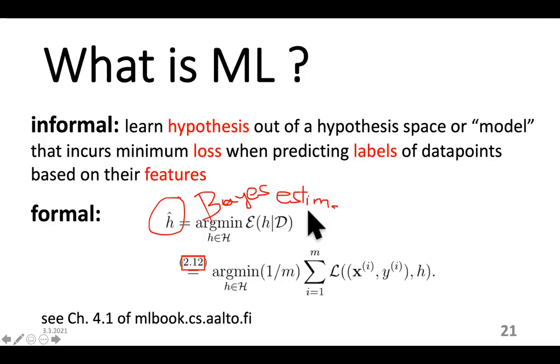Whenever I say training set, I mean whatever data set you use in this empirical risk minimization. The data that you use here to learn the best hypothesis out of the hypothesis space is the training set. So ERM, empirical risk minimization, is always performed on the training set.